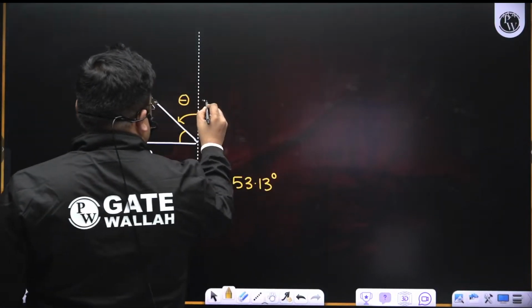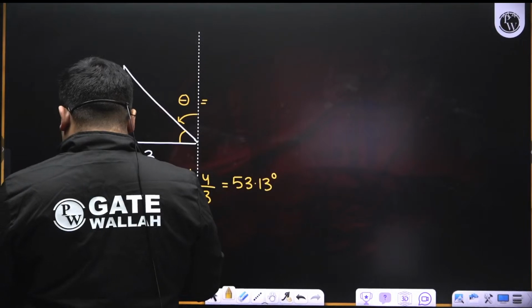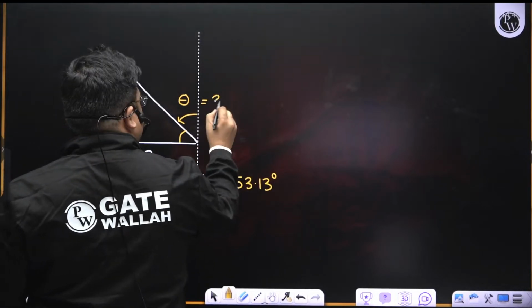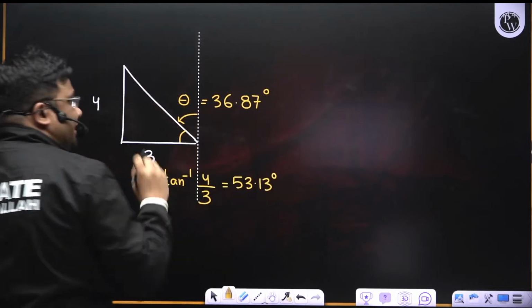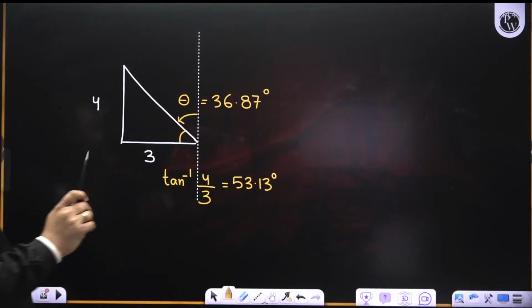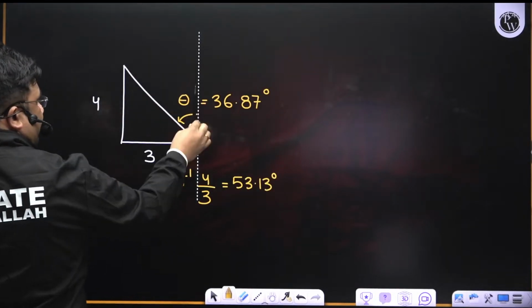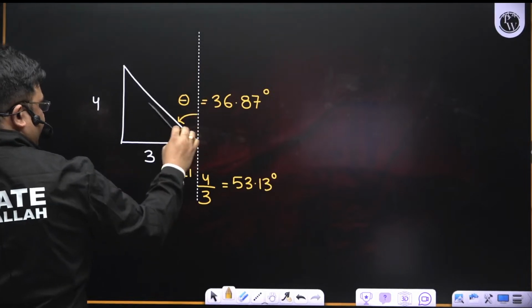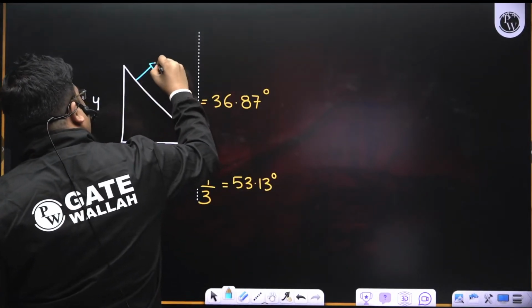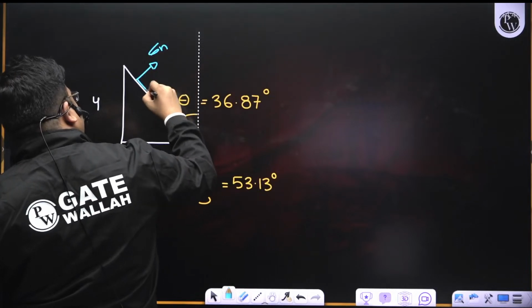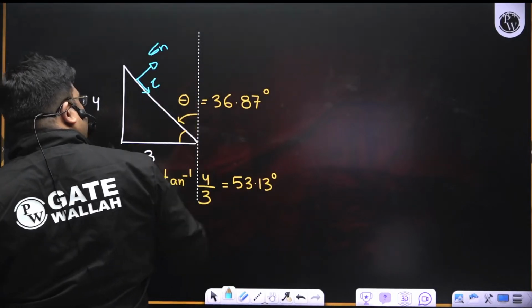So this angle will be 90 minus this, which is 36.87 degrees. So I got my theta also, because theta is always measured from the vertical, anti-clockwise, for the plane where you're finding the normal stress and shear stress.